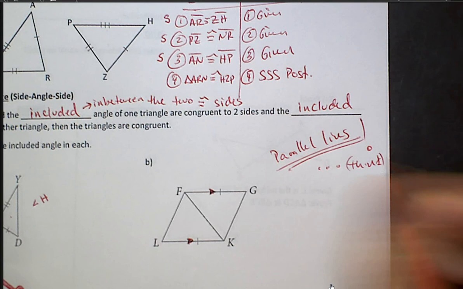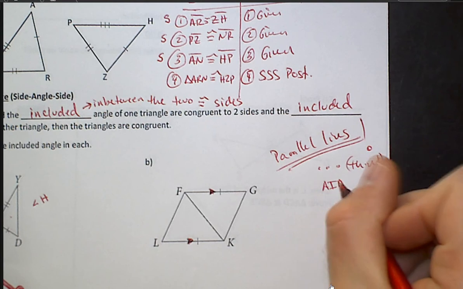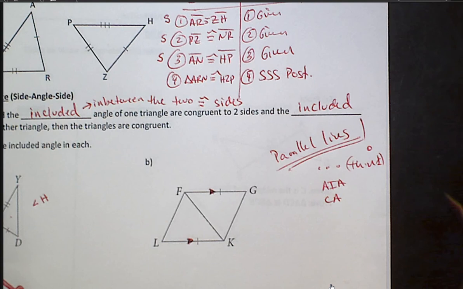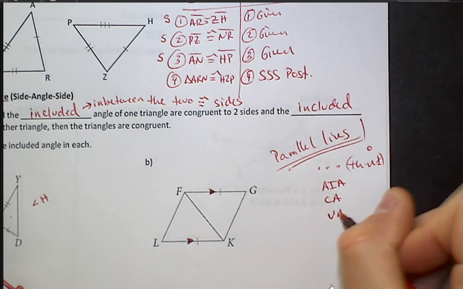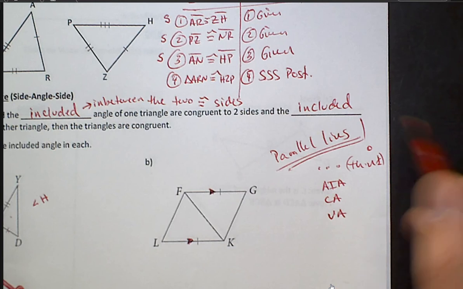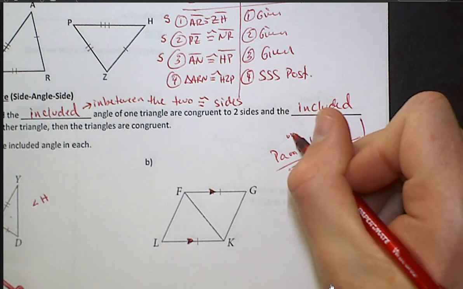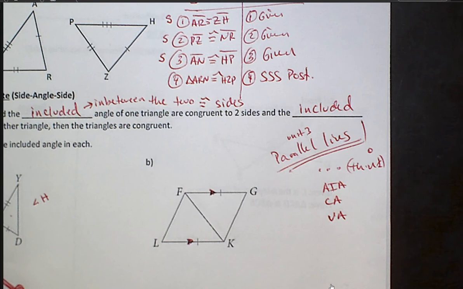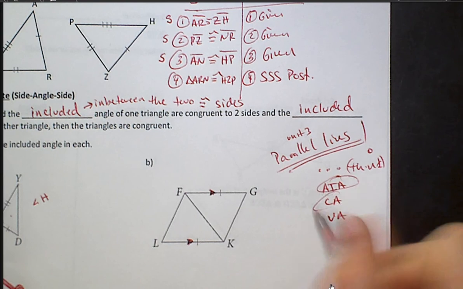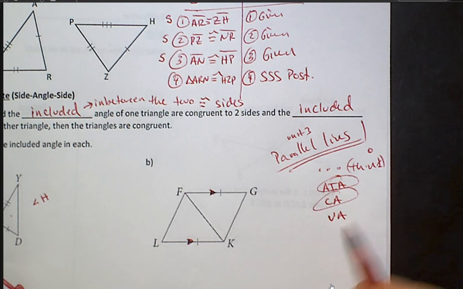You have to be thinking AIA, CA, right? You got to be thinking about vertical angles in this unit. All right? All this stuff that we just learned in Unit 3, but Unit 3 is going to come back into play. So that's why it's so important in geometry. Everything builds off of the previous lesson or the previous unit. These 2 especially, these 3, even though vertical angles have nothing to do with parallel lines, but AIAs and corresponding angles, you're going to see a lot.